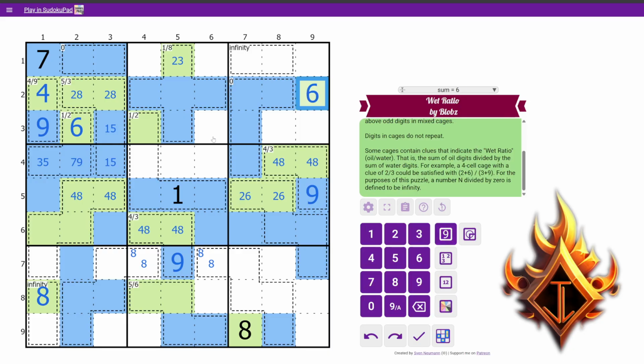Only one that's left in the row. There's going to be a 6 in one of these. One, 2. These could still both be even. They could still both be odd as well, though.